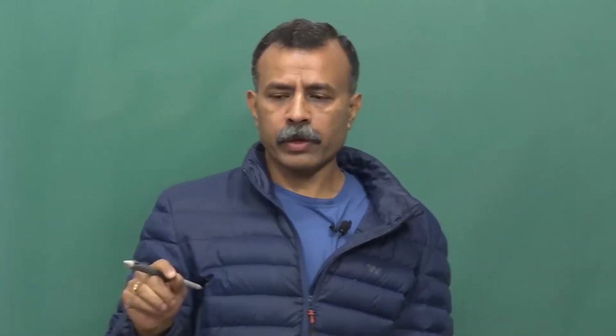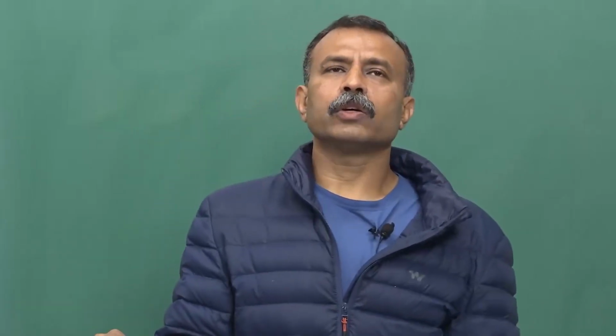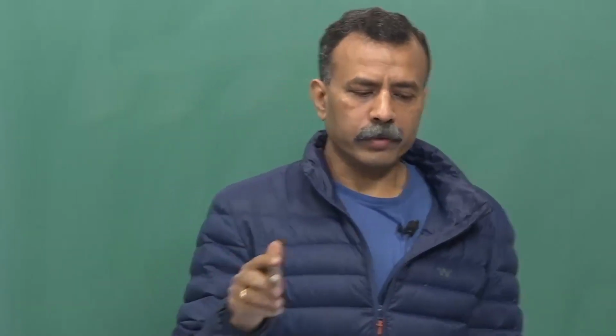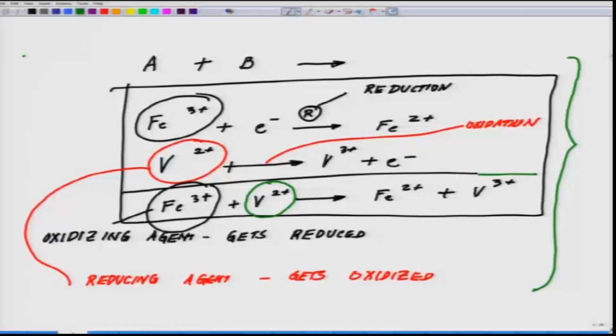So, you have to take one scale. Every material could be classified, say, material A, B, C, D, E, F, either in an oxidizing series or a reducing series.